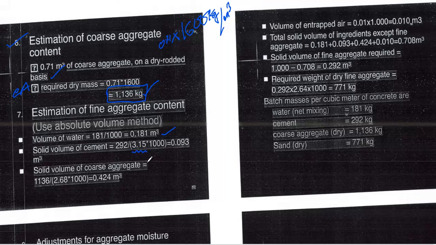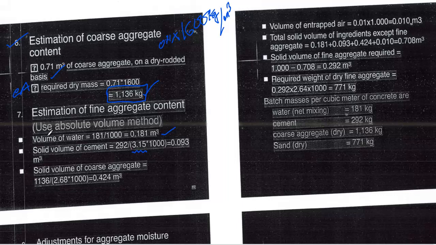So you see, to do a proper mix design, so many pieces of information you need to come up with, right? It's not like simply casting 1:2:4 or 1:1.5:3. So this is the specific gravity. If you know it, you can multiply with this 1000 and you can get the amount of cement you need per meter cube.